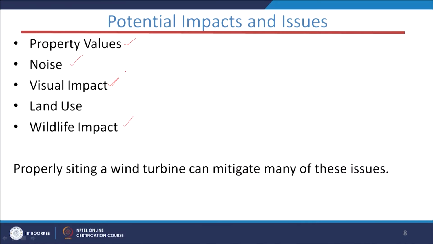And the visual impact, yes, aesthetic look is essential. That is why with the wind turbine blades or towers we have to take care so that the visual look will be better. And land use and wildlife impact. Wildlife is very important.